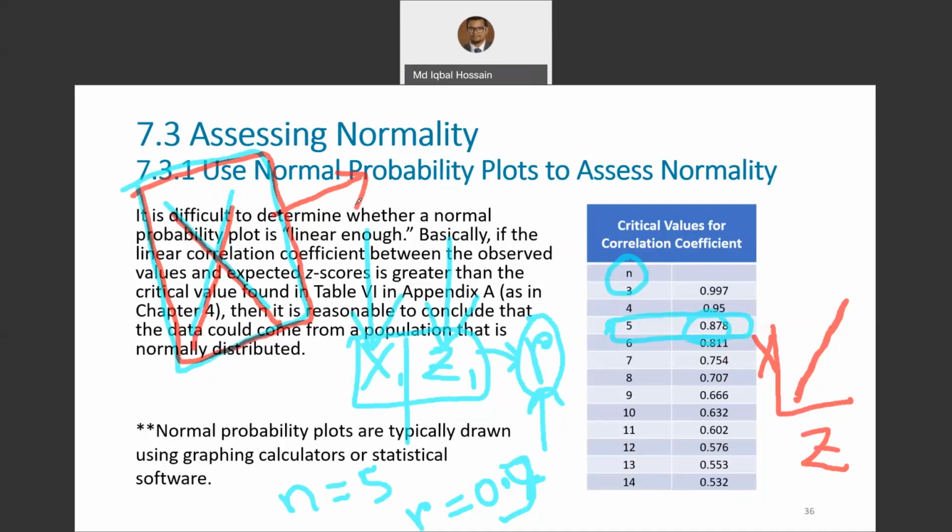It's the same thing. This is not exactly a test, but we are looking at whether the variable x or variable y, whatever the variable is, is normal or not.